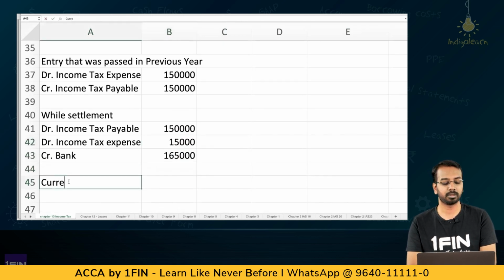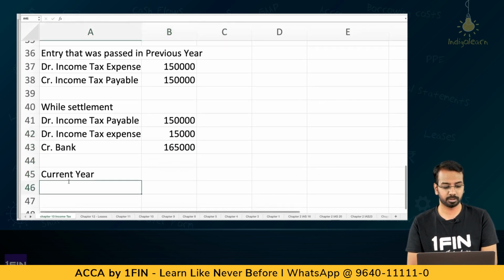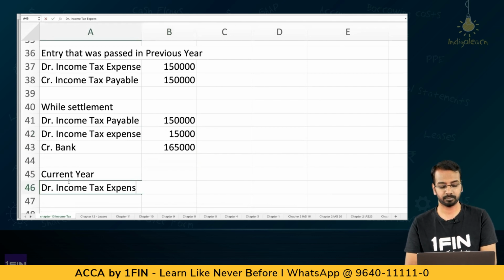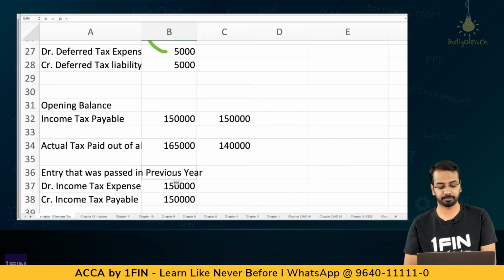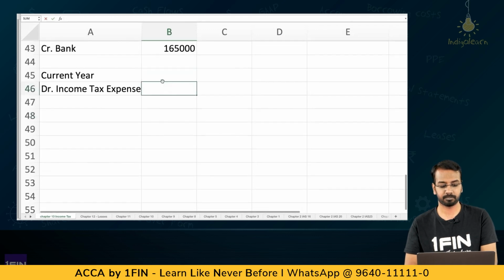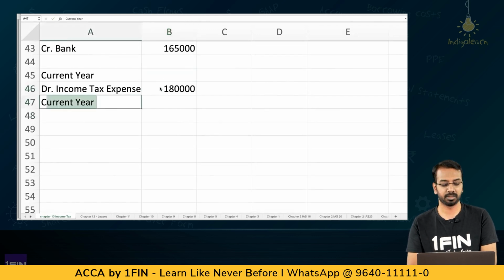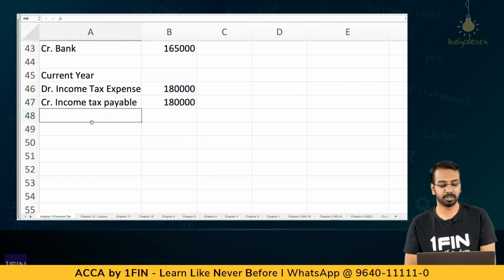Then current year debit income tax expense, how much is that? 180. Credit income tax payable 180. So what is the total tax expense?